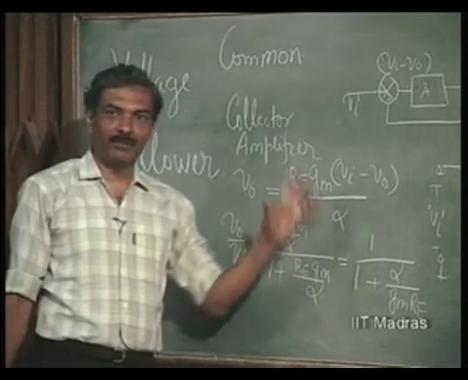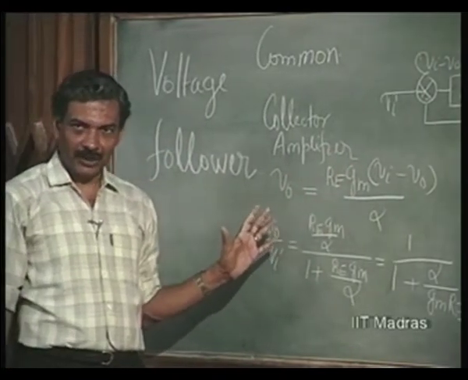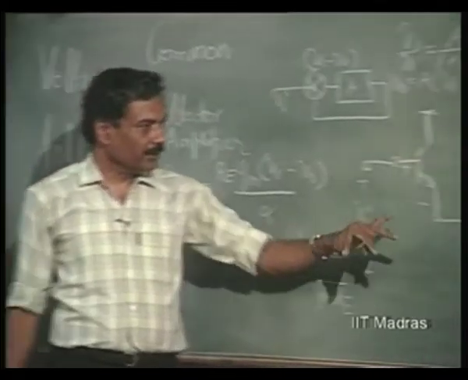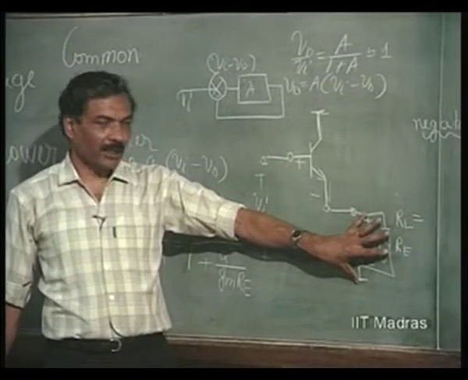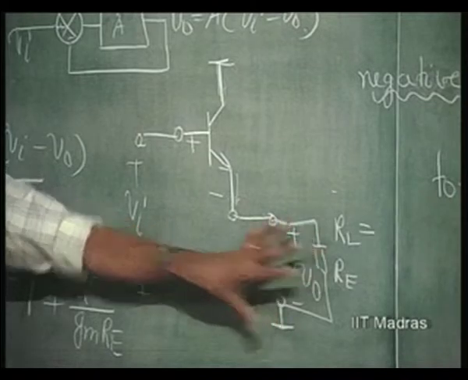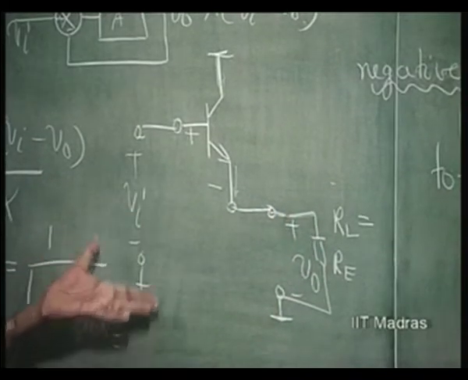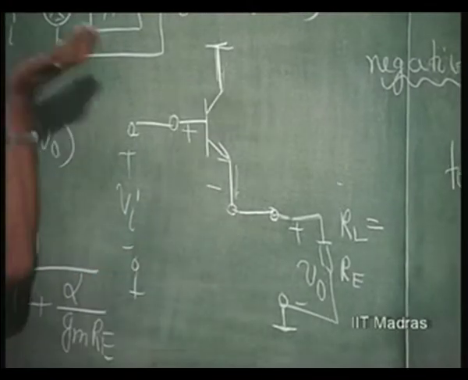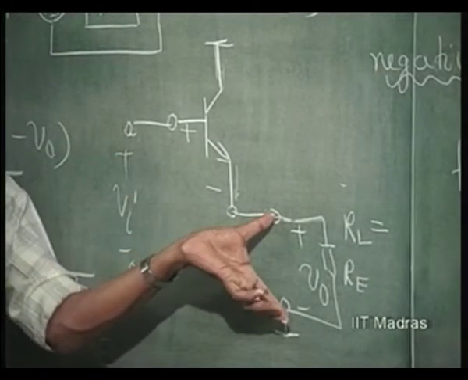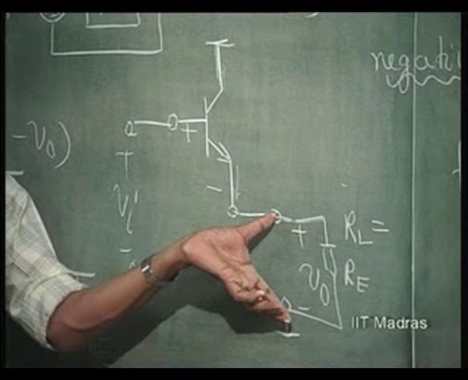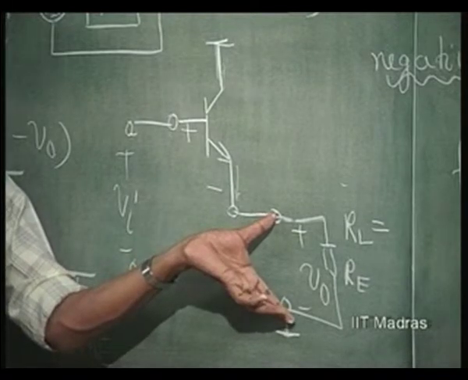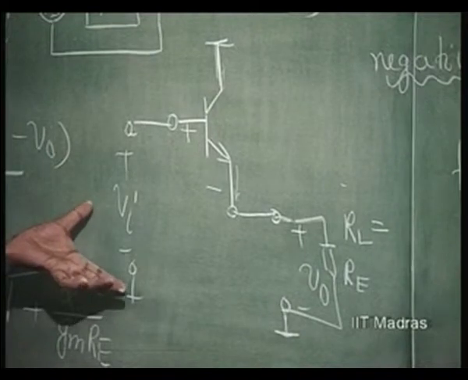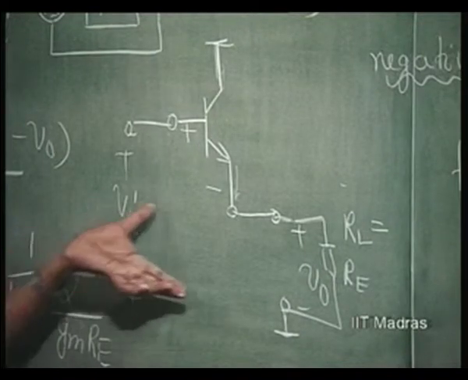Output voltage will be following the input voltage always, and since this output voltage is fed back to the input, it is coming in series with the original input. So, input impedance is increased, it is the output voltage which is sensed, and therefore output impedance will come down. So, this is an idealization towards a voltage controlled voltage source.